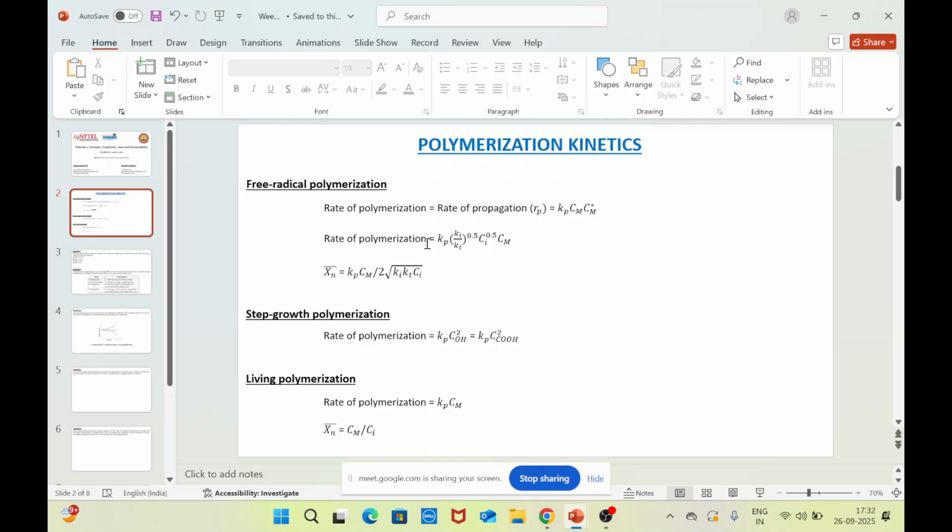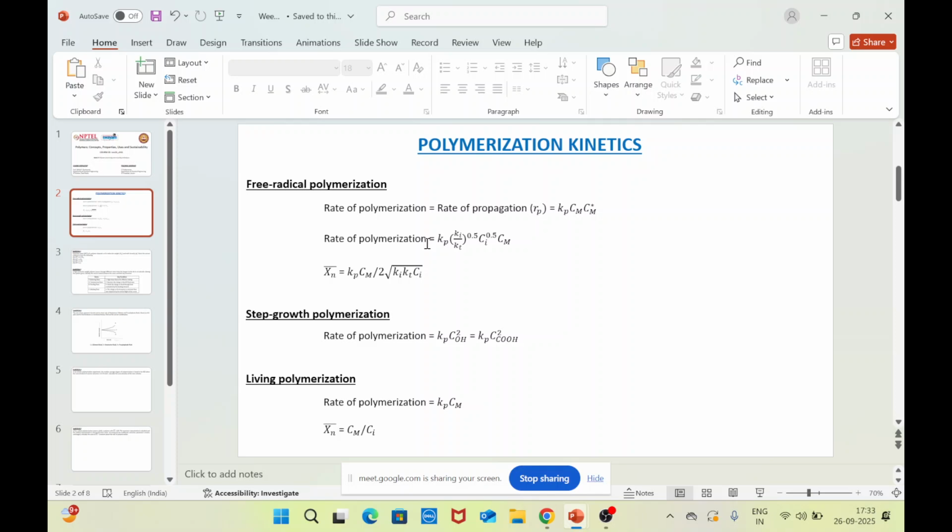Since it's not possible for us to determine the concentration of the intermediate, which varies with time, we try to represent the rate determining step as a function of the parameters that we know. That is the reason we represent cm star in terms of ki, kt and ci.